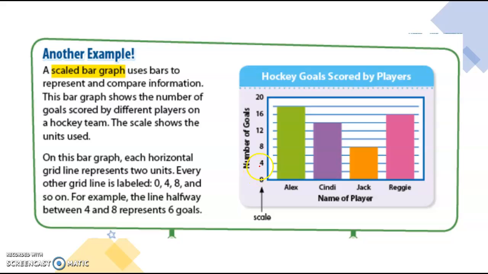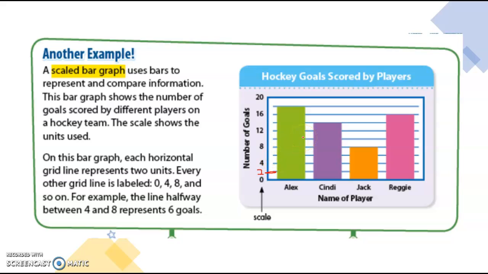So you can see here we're counting by 4s. I know that between 0 and 4, halfway between those two is 2. So this line right here, even though it's not labeled, I know that it equals 2.